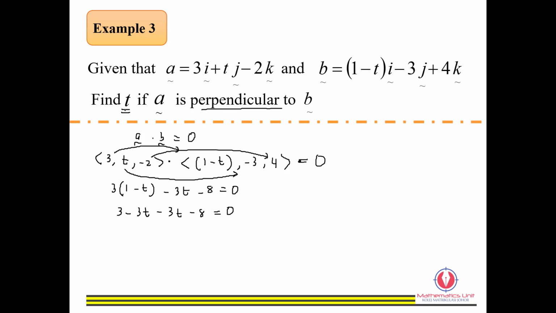And then we can find the value of t: negative 6t minus 5 is equal to 0. So negative 6t is equal to 5. And lastly, t is equal to negative 5 over 6. Okay, so this is your final answer for example 3.